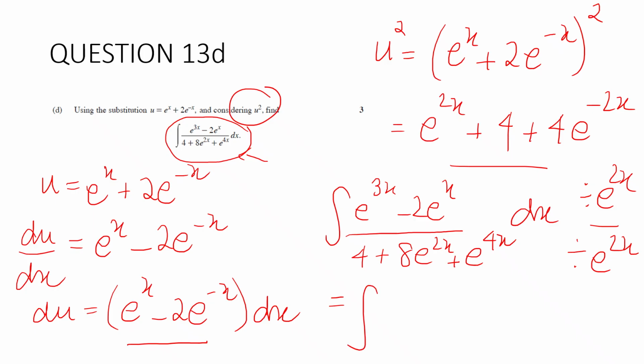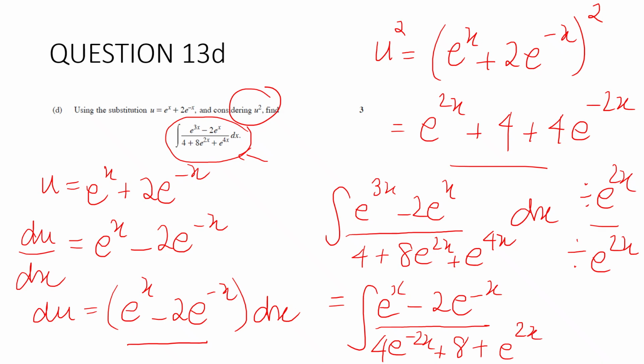We have e^x, take away 2e^(-x), so that's better, all over 4e^(-2x) + 8 + e^(2x).